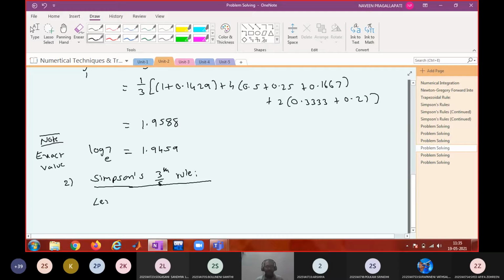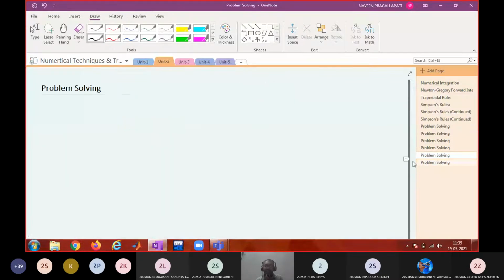So let g of x equal 1 by 1 plus x. So what is your table now? x, g of x equals 1 by 1 plus x. Now we can start with 0, 1, 2, 3, 4, 5, 6.